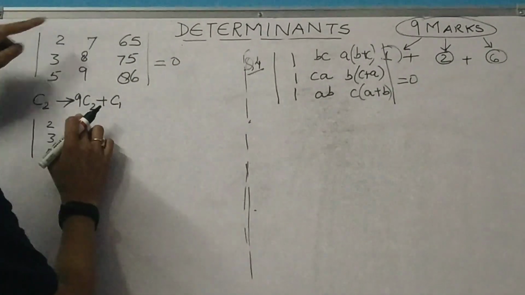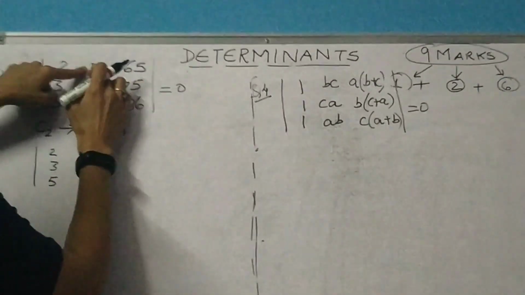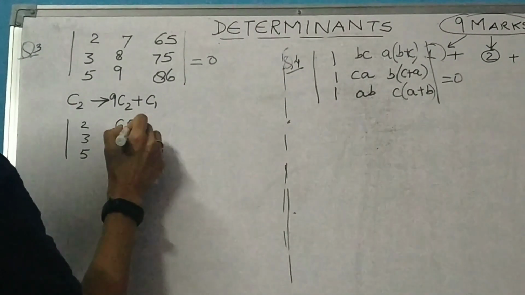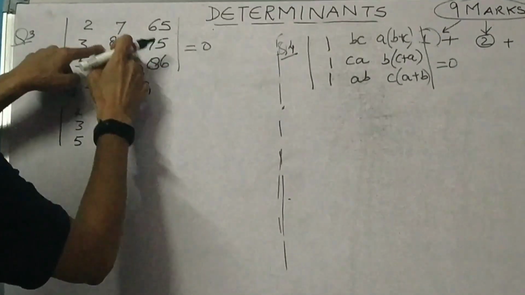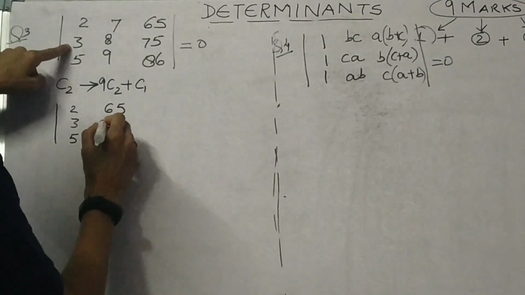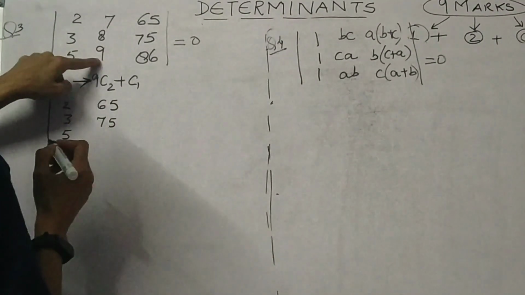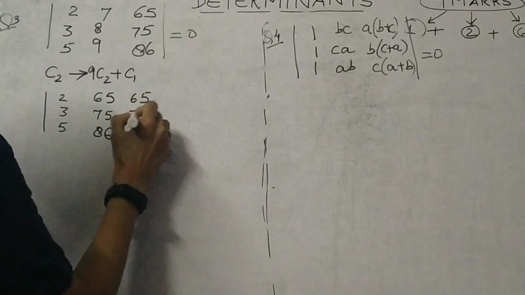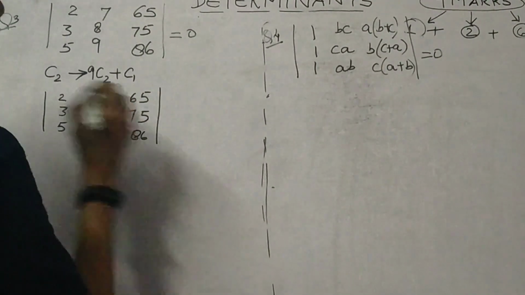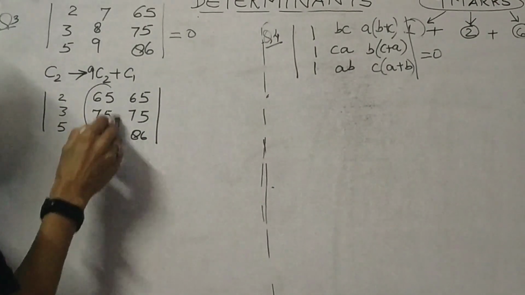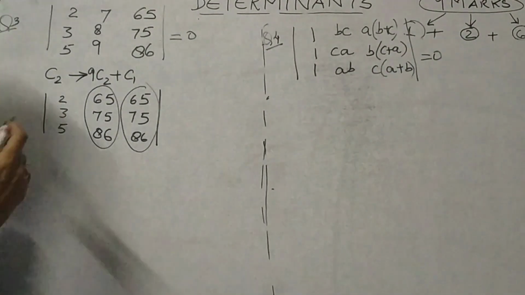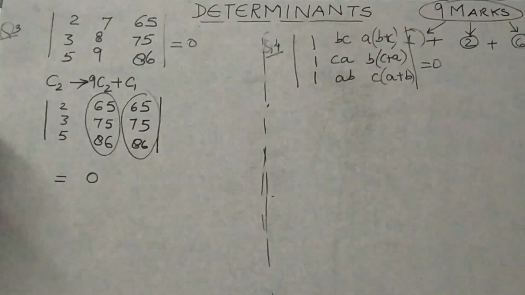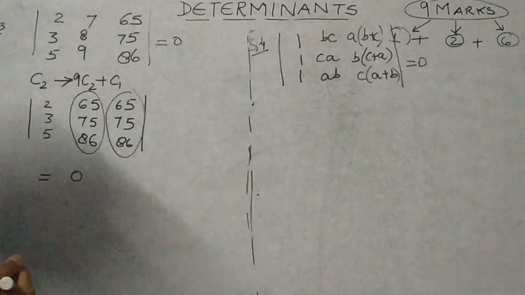I am multiplying my column 2 with 9. 9 into 7 is 63, and then plus C1, so it will give me 65. 8 into 9 is 72, 72 plus 3 is 75. 9 into 9 is 81, 81 plus 5 is 86. And the third column again as it is. Now, I told you that if two columns or two rows are identical, then we can simply write the determinant of this as 0.